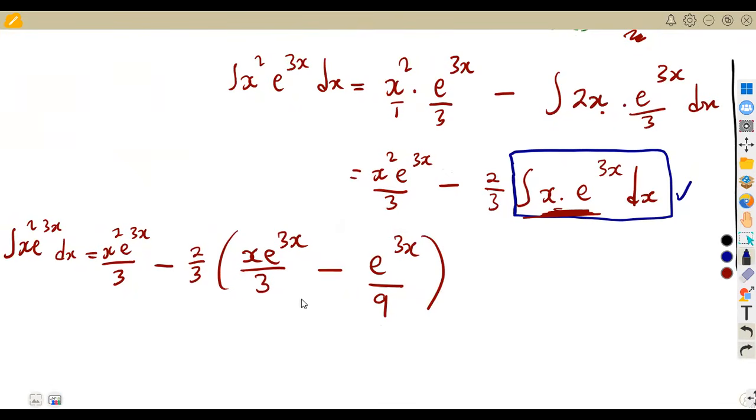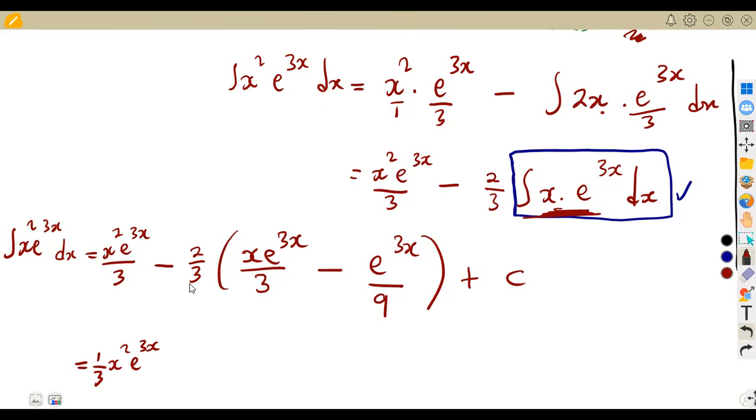So write the answer now of the integral. As you can see, we can now write our constant of integration because we are done. There's no integral sign that we're going to have. All right. So let us just simplify. This is going to give us, remember I said this is same as 1/3. Let me just write in the way that you guys always understand. 1/3 x squared e to the exponent of 3x. All right.